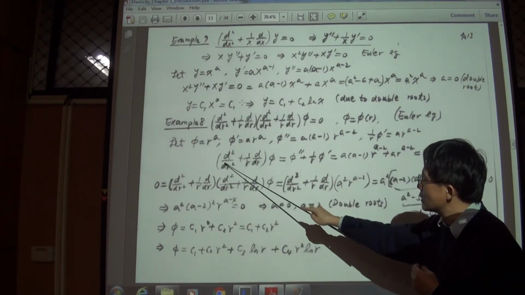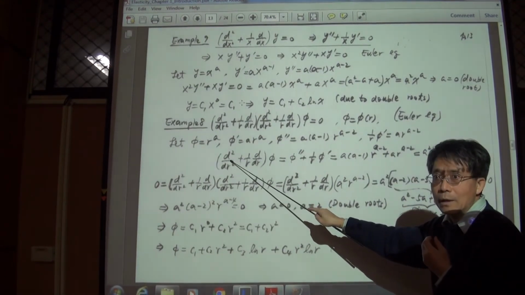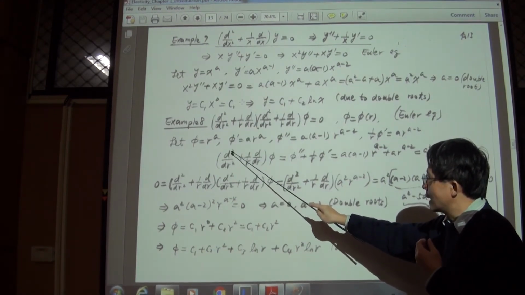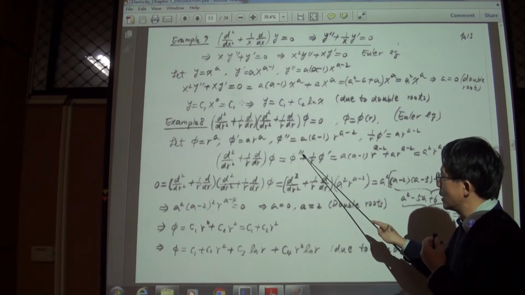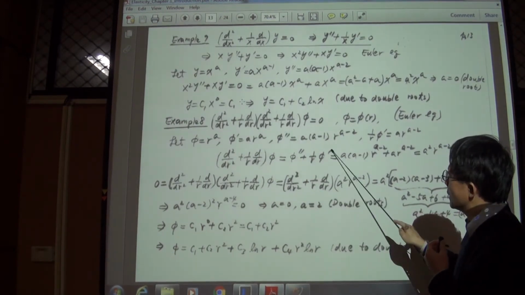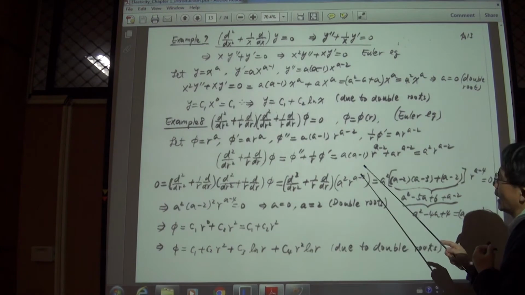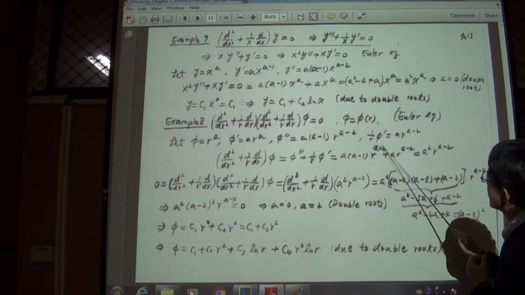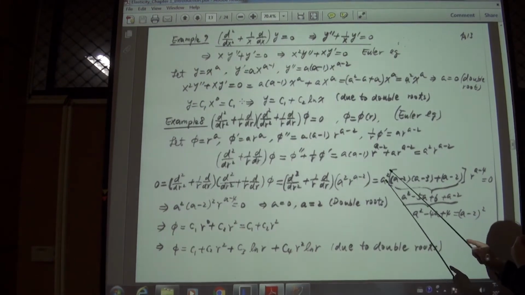Because this means the differentiation should be the second order differentiation, and this one the first order differentiation. So this one is this, and this one is this, and we put it here.